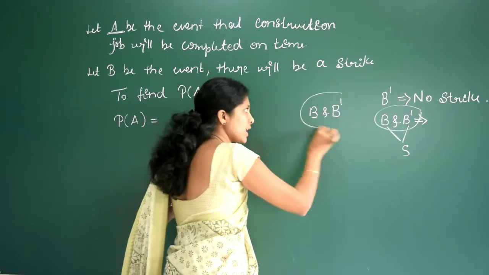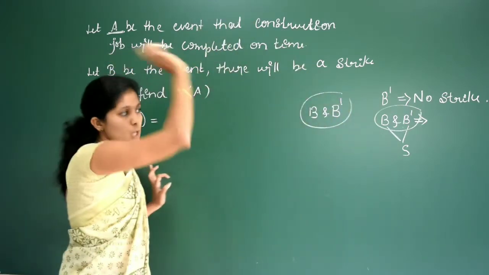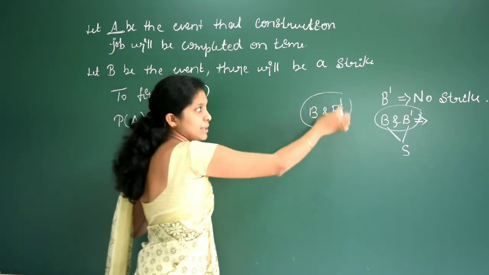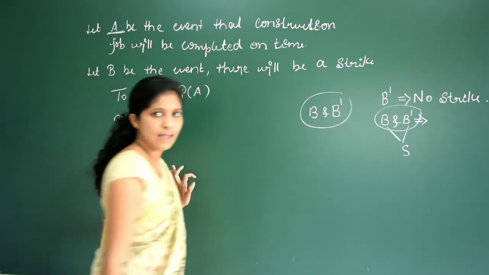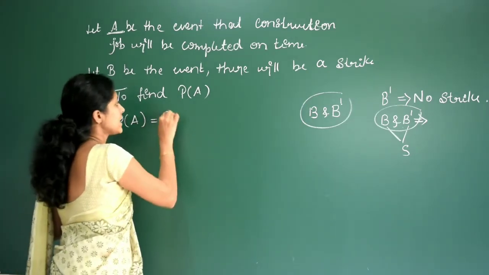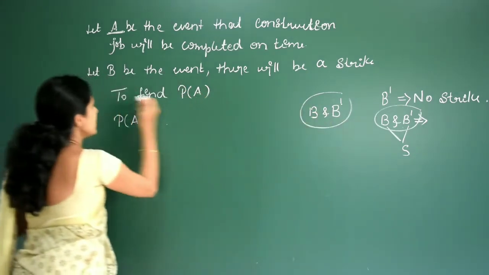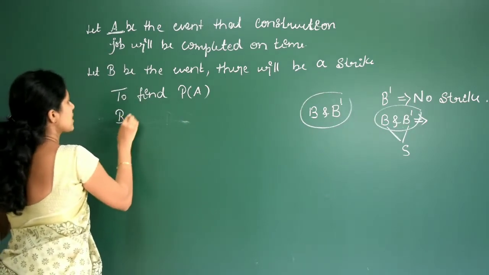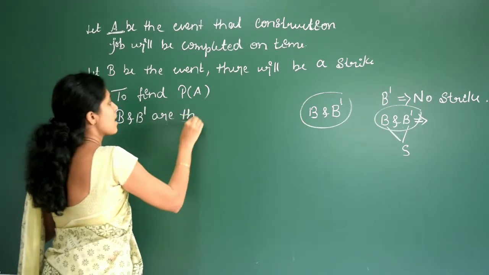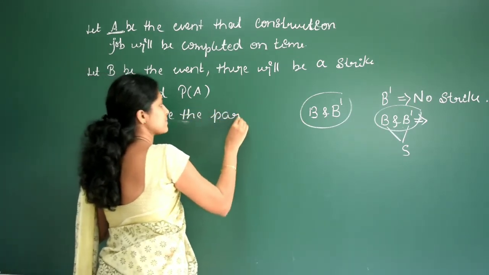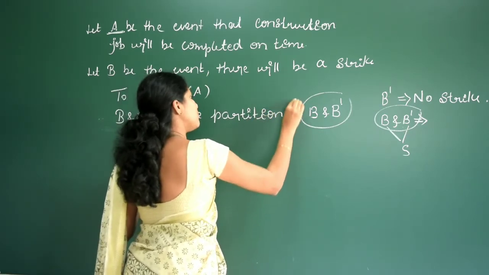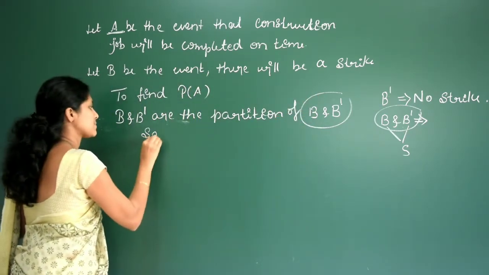B and B dash are disjoint, and their union gives you a sample space. So better you write B and B dash are the partition of a sample space. Clear?